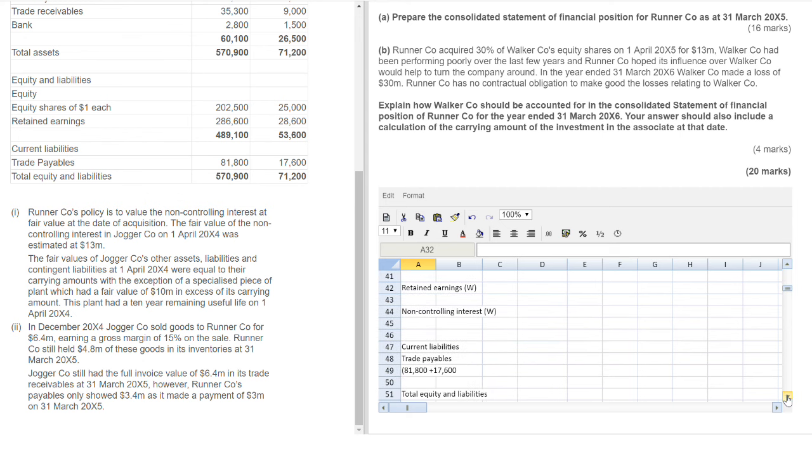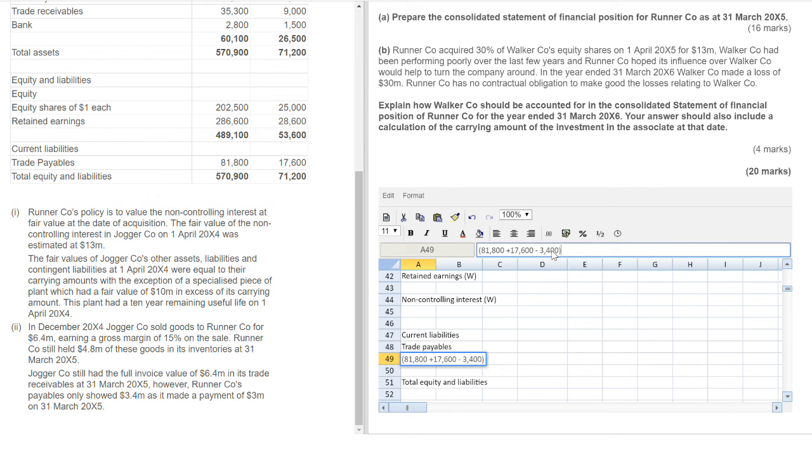So we're going to have to remove the payable at the 3.4 million. And then it says it made a payment of 3 million on the 31st of March? So we're going to have to record the bank there with the 3 million? Okay, excellent.